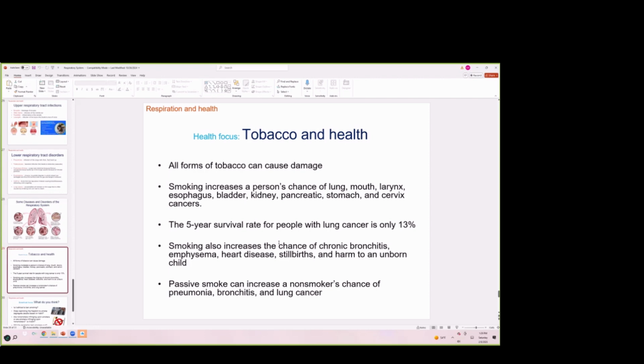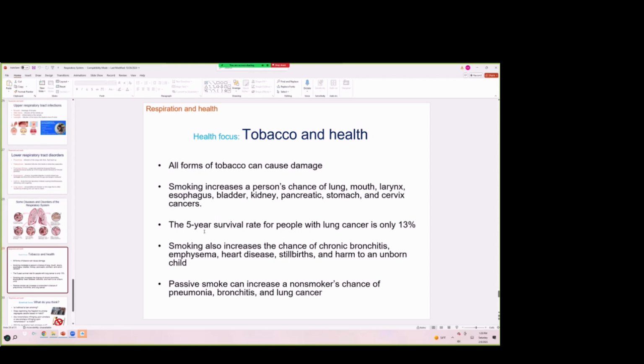So smoking increases a person's chances of lung, mouth, larynx, or esophageal cancers, all of these cancer types. These other parts are affected because when you introduce some of the substances in the smoke into our blood systems, they could move to the kidneys, the pancreas, the stomach, or even cause cervical cancer.